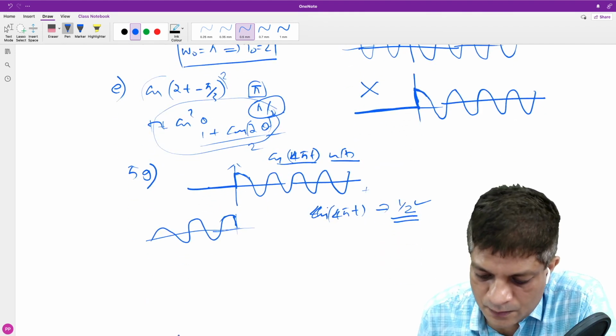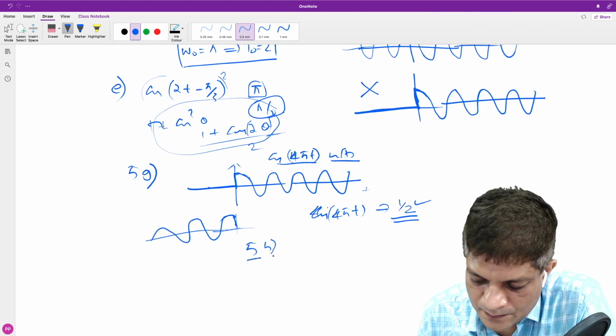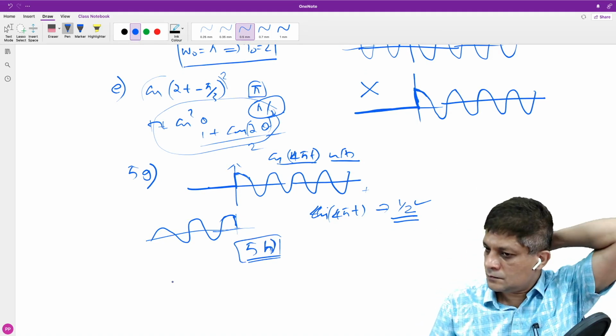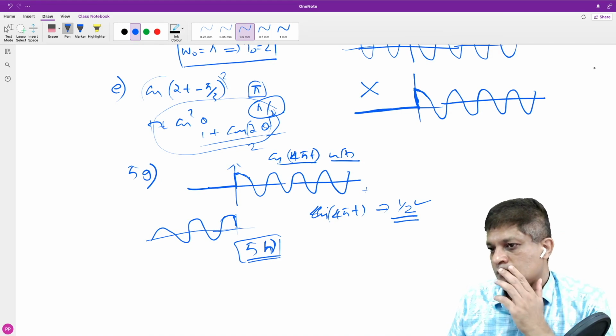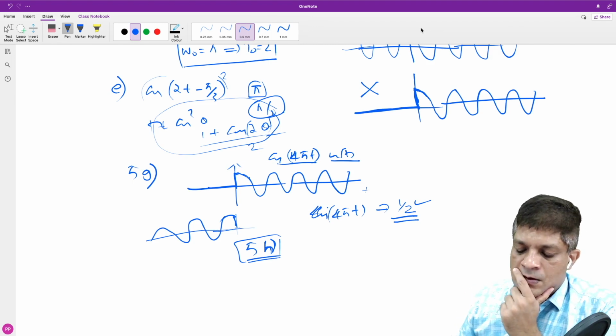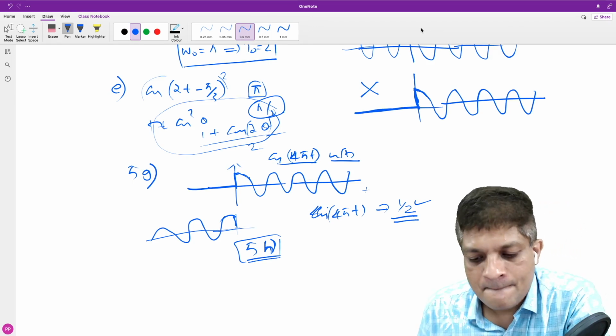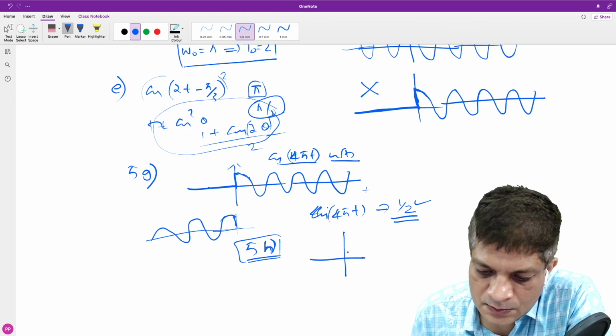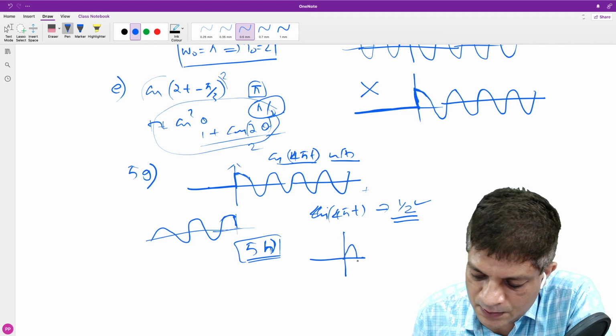Now what about 5h? It is not periodic. Why is it not periodic? Because after taking a mirror image, it will not have the same shape. Sine 4 pi t ut is this one.